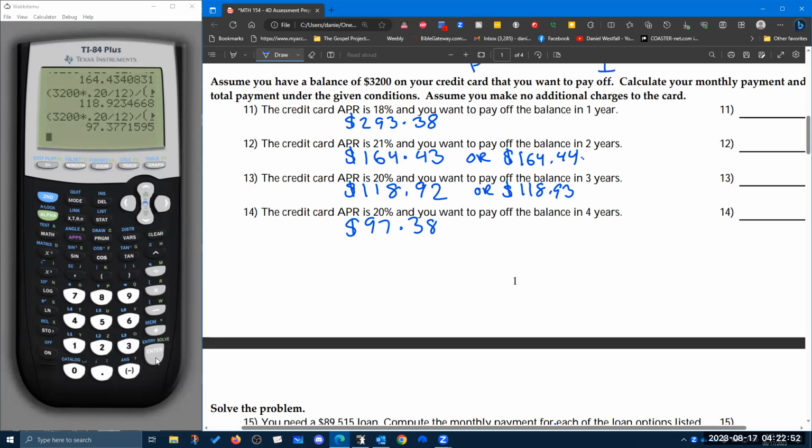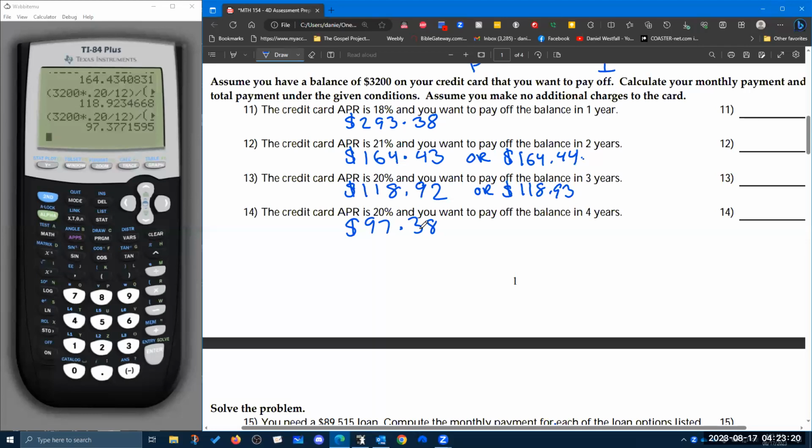So as you can see, as you increase the number of years that you have to pay it off, it significantly decreases the monthly payment, but you're paying significantly more to pay off that debt because you're paying those smaller monthly payments over many more months.